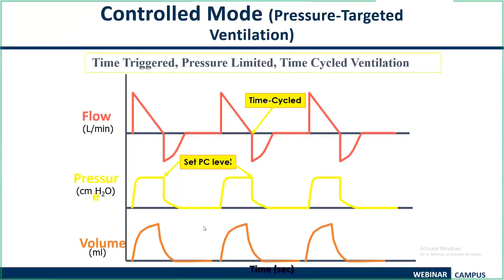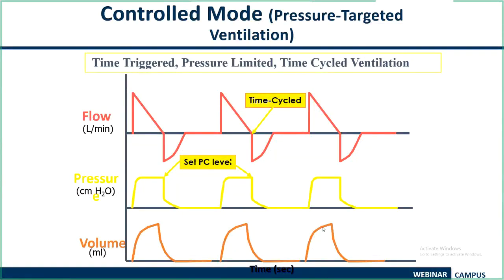And again, if the lung is too compliant, it can produce huge tidal volume and it can produce volume trauma. So in pressure control, you have to monitor the volume generated, and if the patient is going for spasm, the volume generated will be less, but the pressure will be normal. So the chances of barotrauma will be less, but your bedside nurse should know how to monitor this mode.